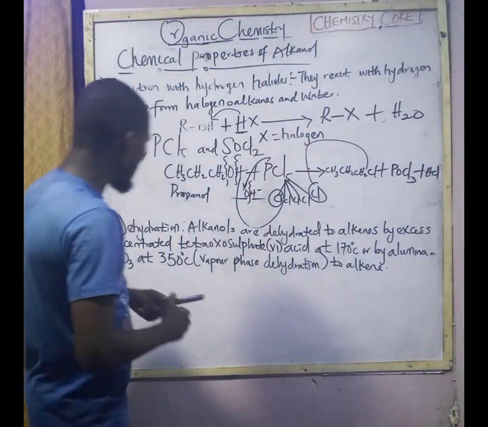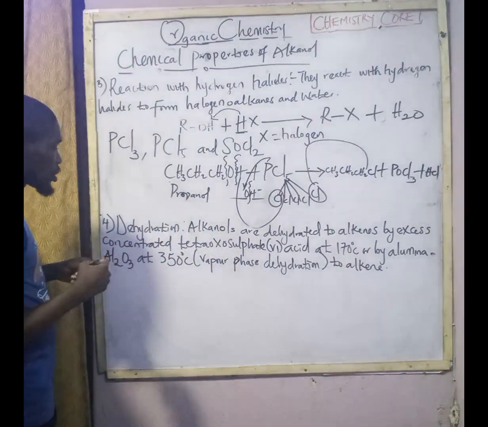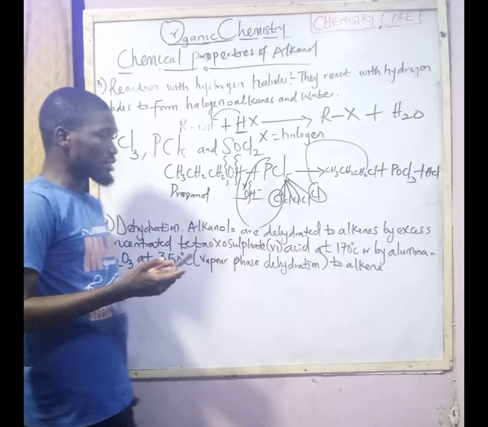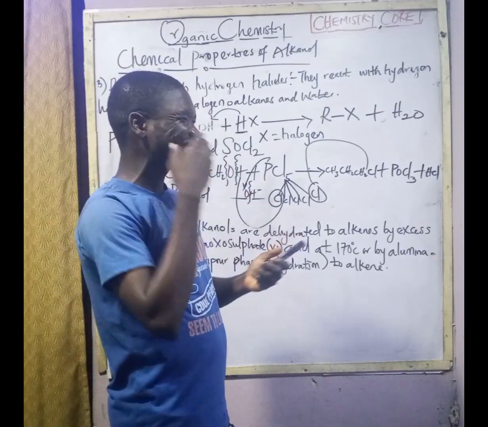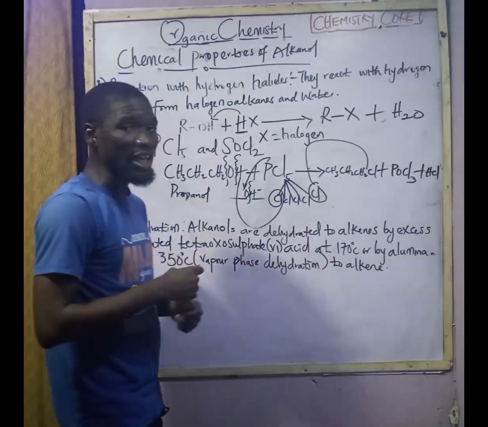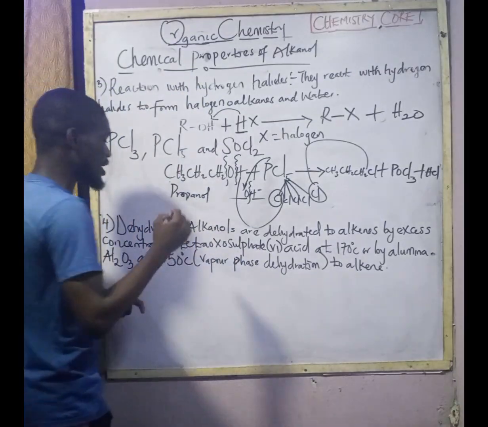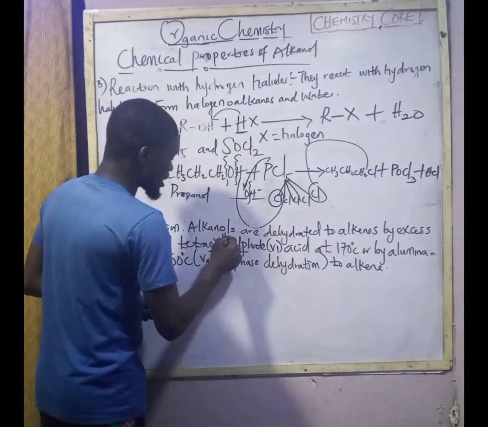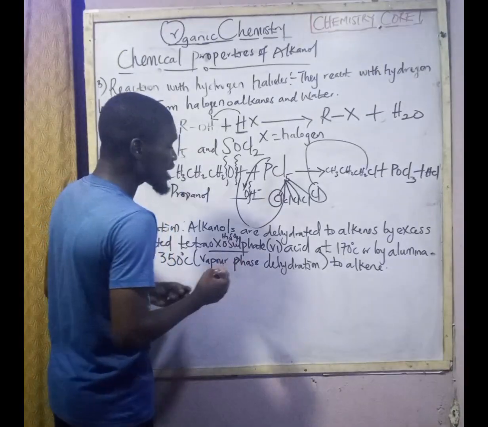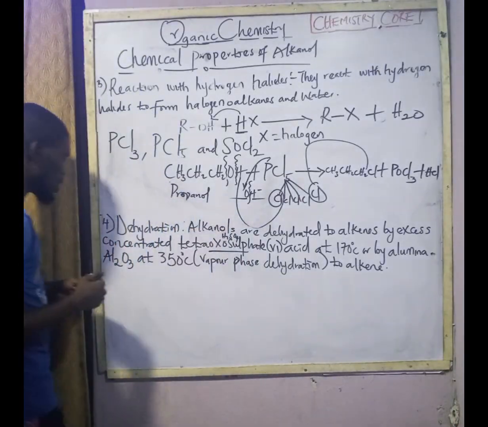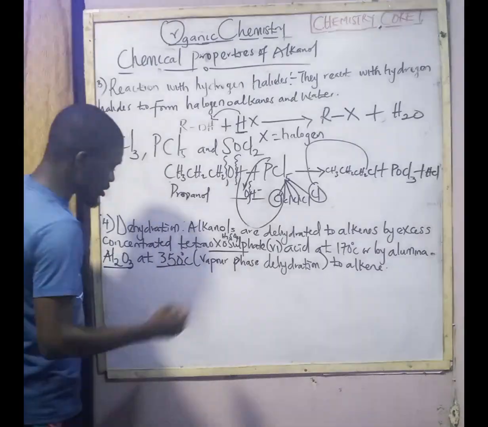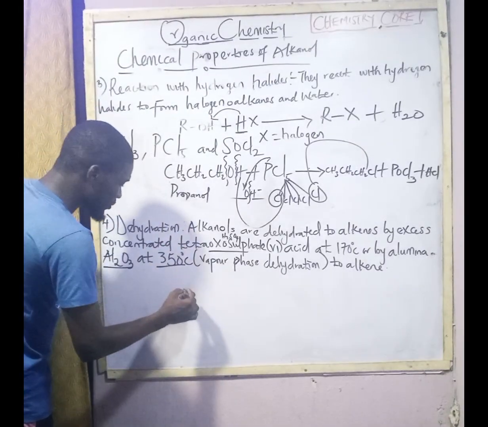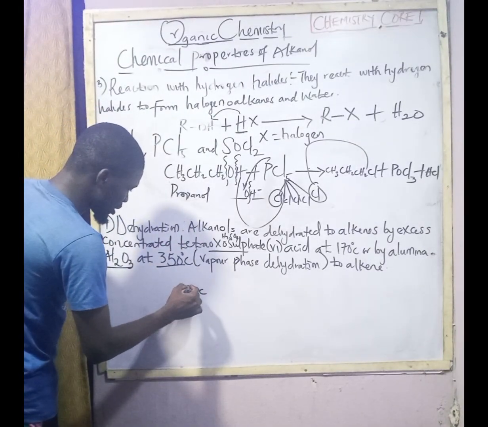So guys, there's one thing you need to know: how does the alcohol dehydrate to alkene? They are telling us that we have two catalysts, either the sulfuric acid at 170 degrees Celsius or the alumina, which is what? At 350 degrees Celsius.